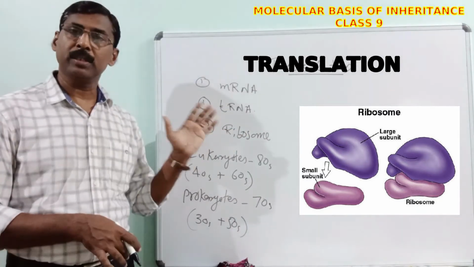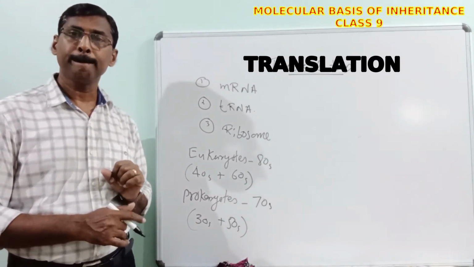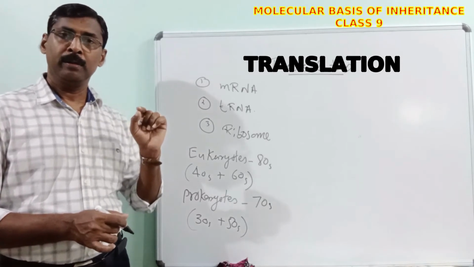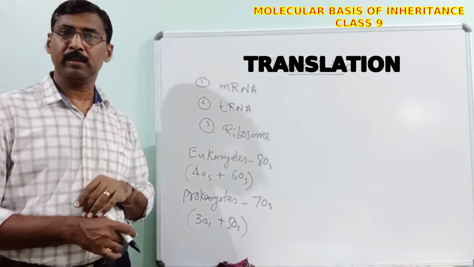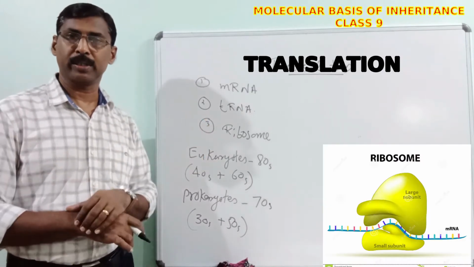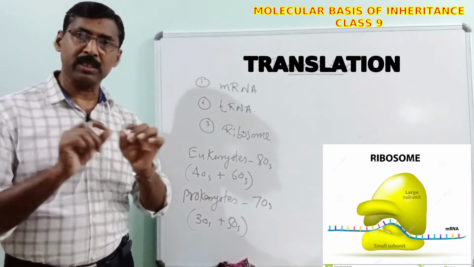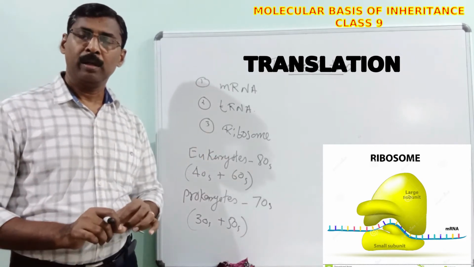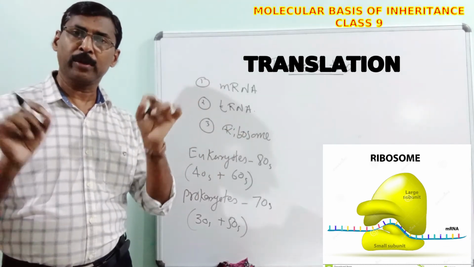And what is the function of this ribosome? This ribosome provides the site of translation. One function, it provides the site for translation. The messenger RNA should be attached somewhere and should be placed somewhere for translation.